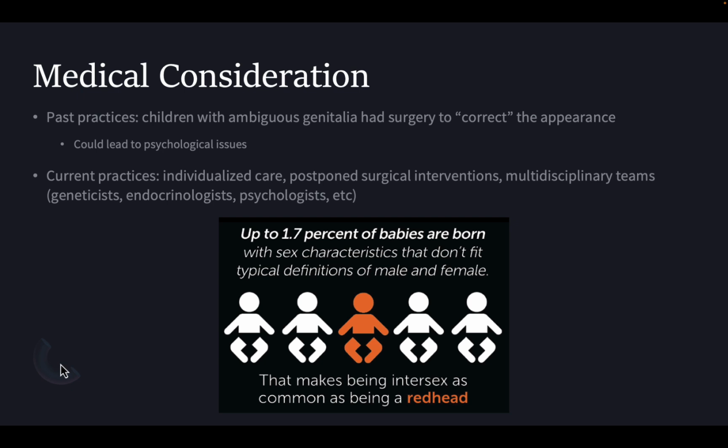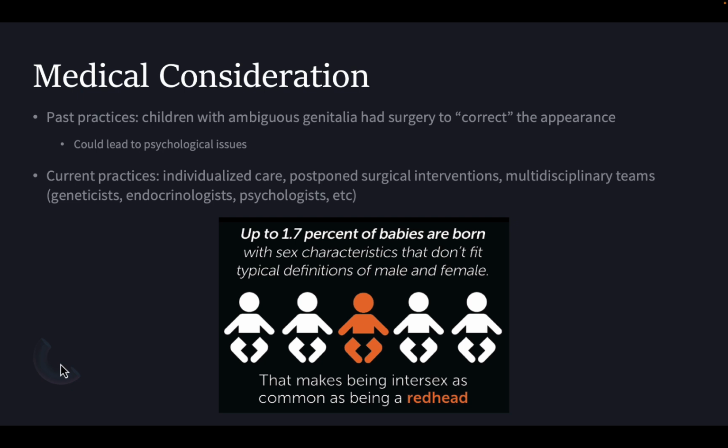And so for this section, I'm having you read an article about a child who was not born intersex, was actually born male, but due to a botched circumcision, ended up being surgically turned into a female and raised as a female, and the psychological issues that result.